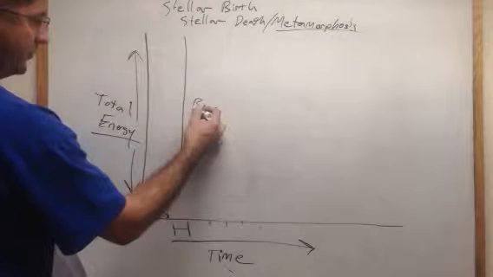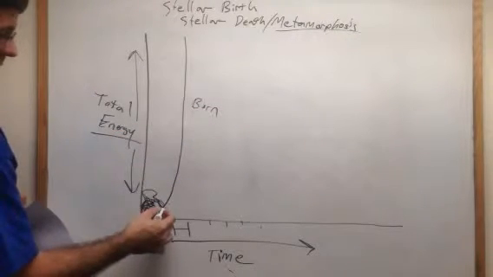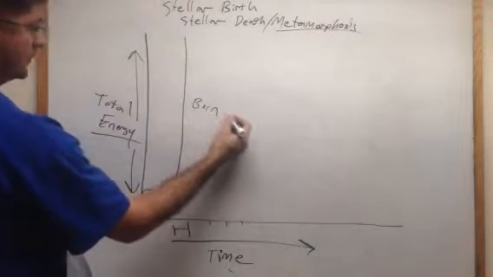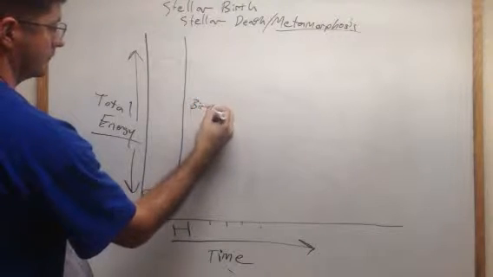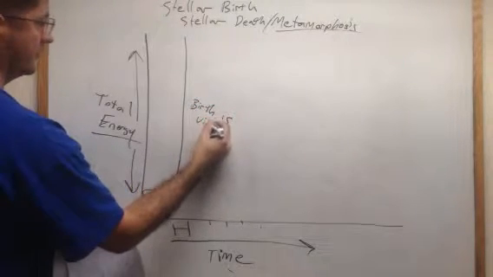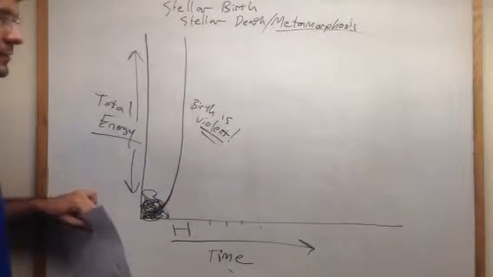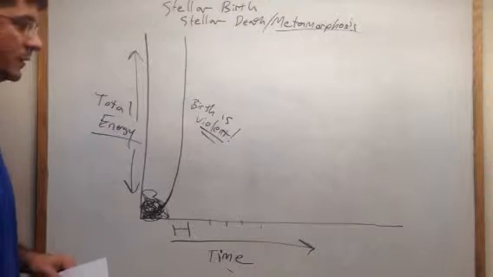But as far as I can see, the total energy of the system increases very violently. So birth is violent. Very, very violent, very, very bright. We should be able to see stars that are born.